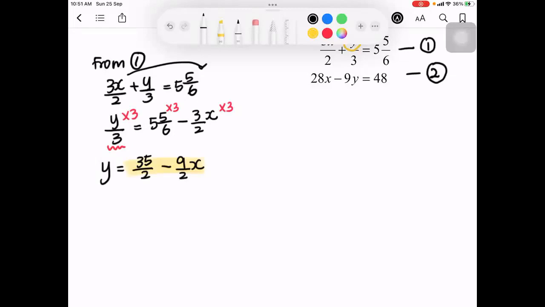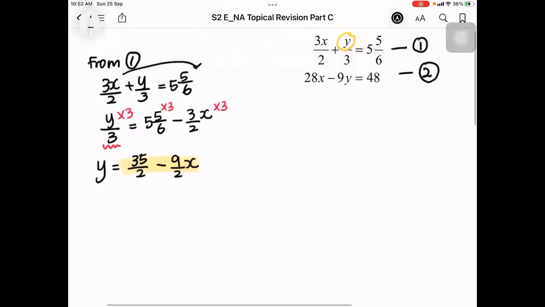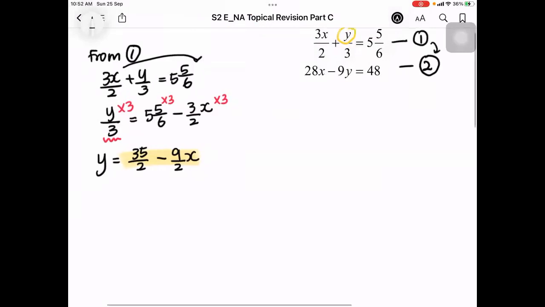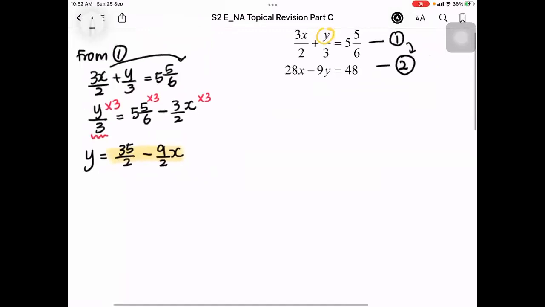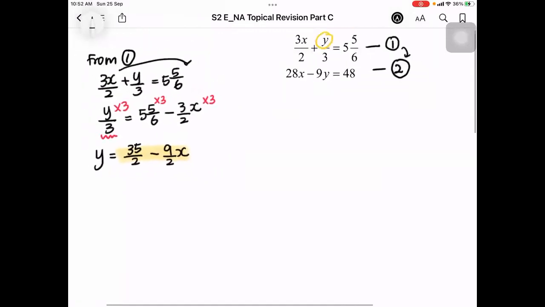Here, I will substitute this into equation number 2. It came from equation 1, right? So now I need to sub it into equation number 2. How to substitute into equation number 2? I will sub y equals to 35 over 2 minus 9 over 2x into equation number 2.